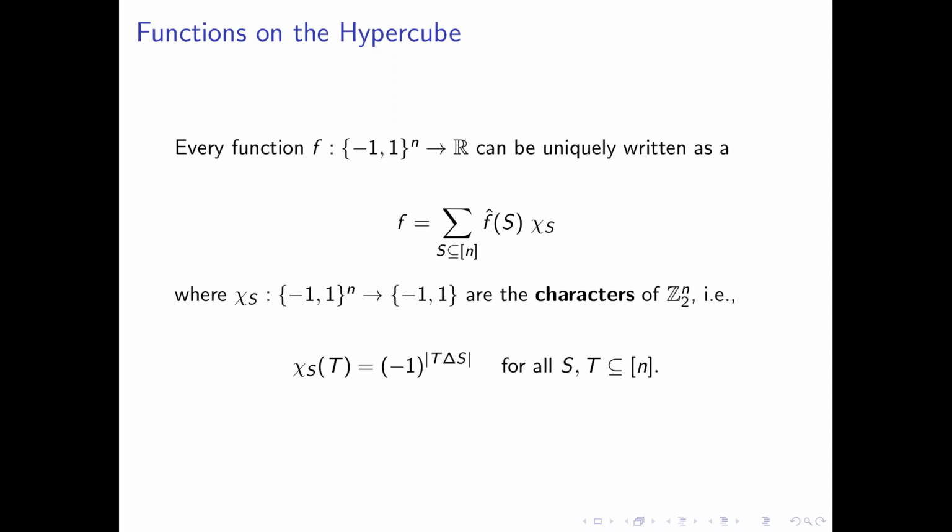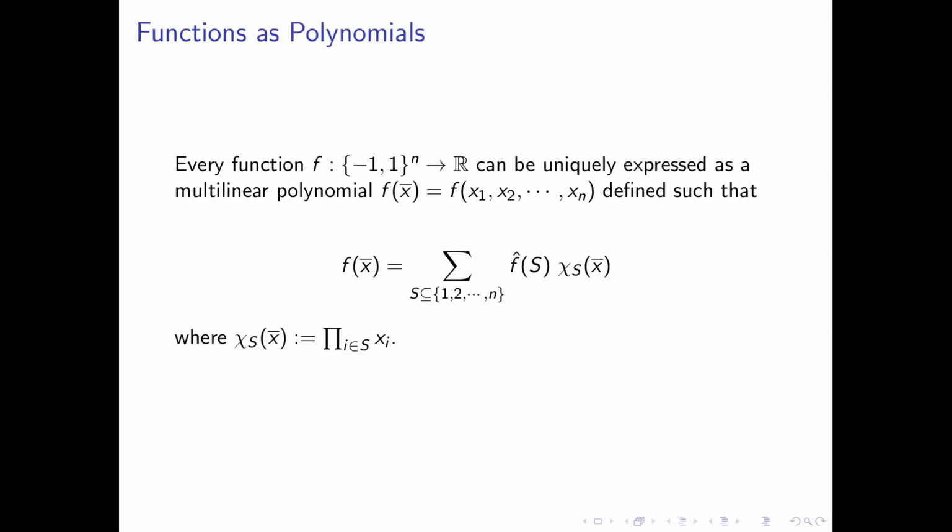This is the bread and butter of theoretical CS as far as the analysis of Boolean functions goes. There's an equivalent way that computer scientists like to write these functions, as a multilinear polynomial.